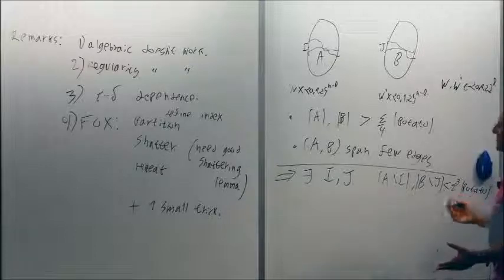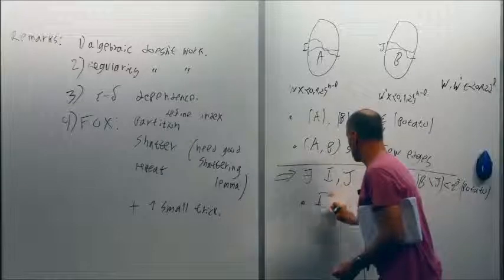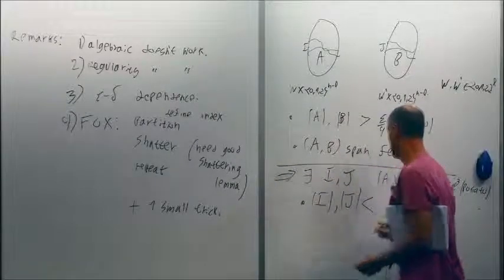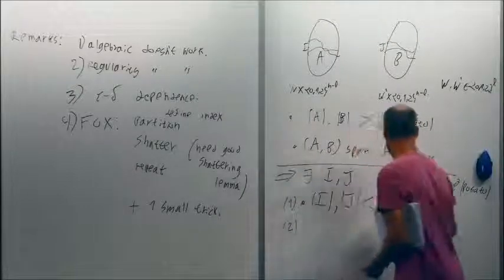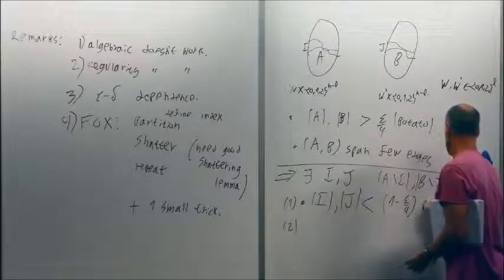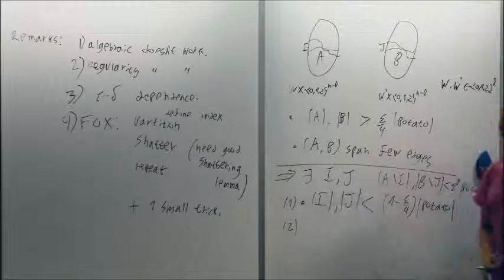And I want I and J not to be trivial, so both the size of I and the size of J are less than (1 minus epsilon over 4) times the size of the potato. So I and J aren't everything.